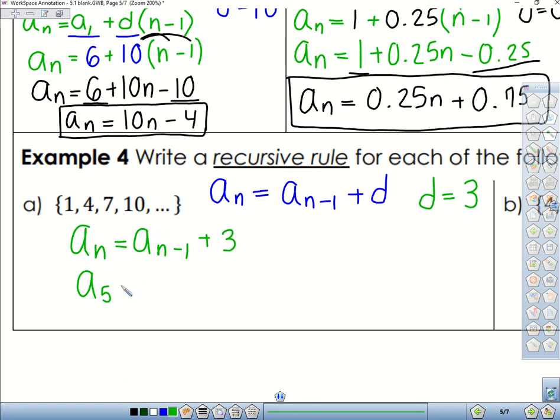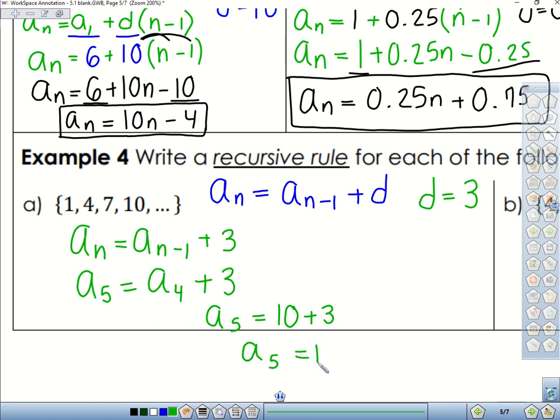You do 5 minus 1. Good, and 5 minus 1 is 4. So the formula would say, oh, well, you use a sub 4 plus 3. Well, what is the 4th term in this sequence? 10. Plus 3. Get 13. And that makes sense looking at the sequence, right?